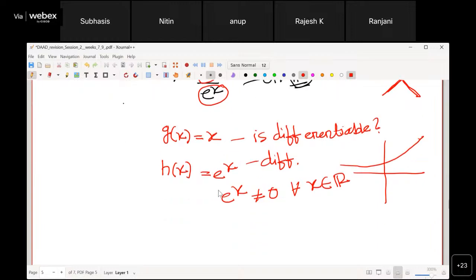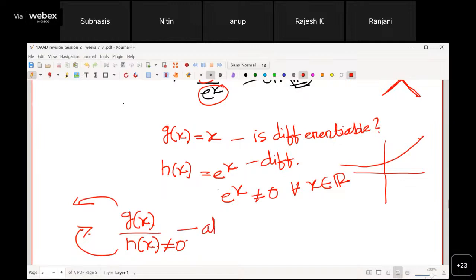So now you are basically in this form, g of x by h of x. g of x is always differentiable, h of x is always differentiable, and h of x is not equal to 0, right? So you know one of the rules of differentiability, right? When you have this case, then this quotient is also what?